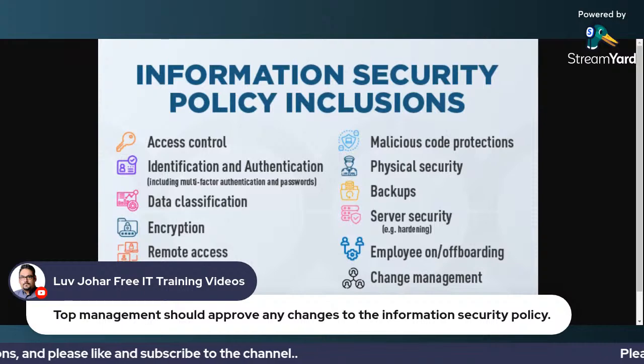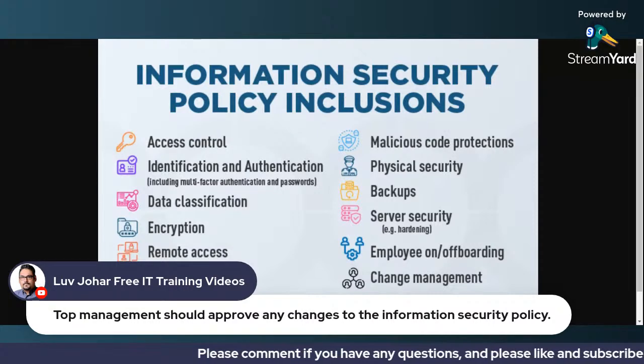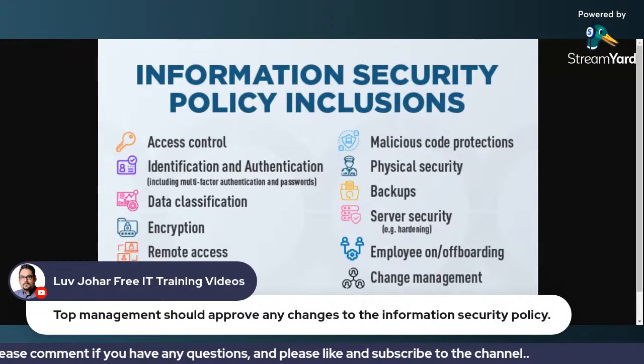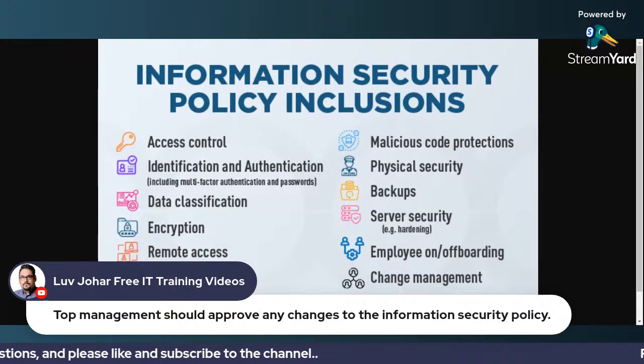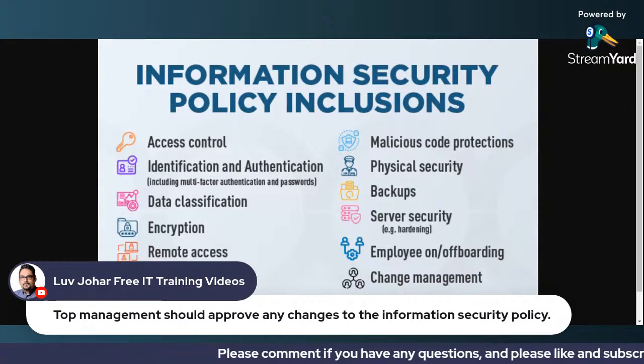so very important question, might be important from an interview point as well. Top management only should approve any changes to the information security policy. Okay, so again, very important statement. If you want, you can make a note of it. Executive management, top level management is only authorized to approve any changes to the information security policy, nobody else in the organization.